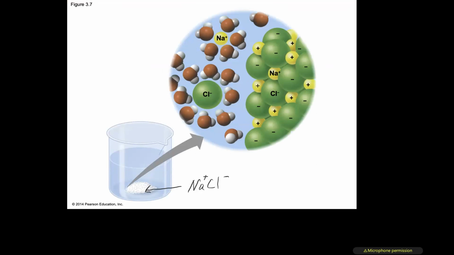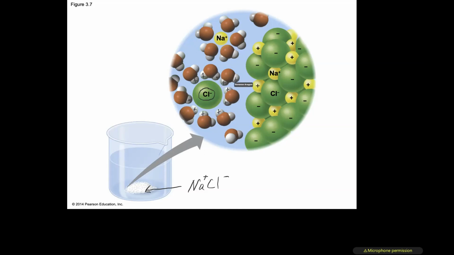Because your chlorine is a negative anion, the partially positive ends of the water are going to surround the chlorine in its hydration shell.